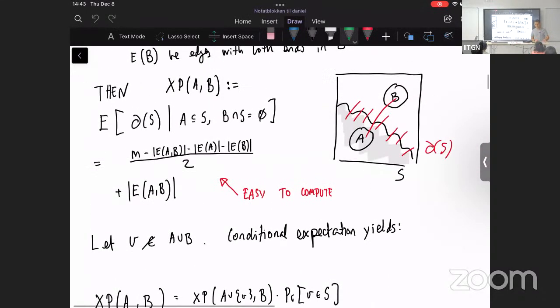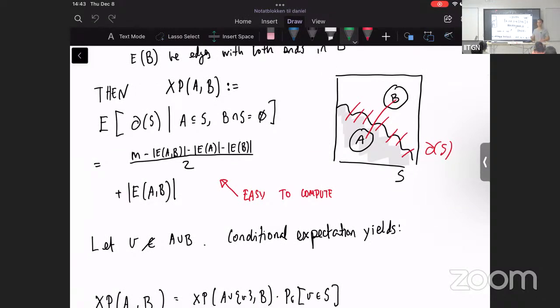Now, suppose I have decided that I want A to be in S and I want B to be not in S. I've already decided this somehow. And I pick a vertex that is neither in A nor B, and I want to decide where I should put it. Into A or into B?